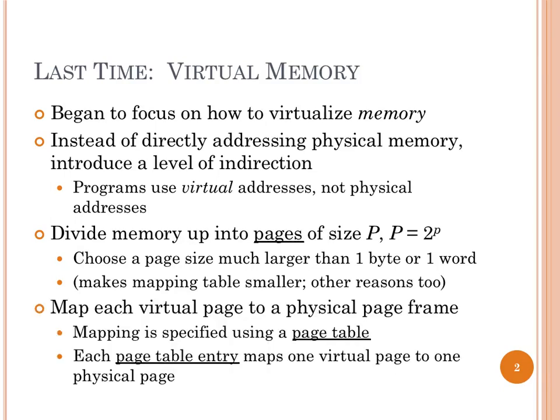And then we're going to map each one of these virtual pages to a physical page. Now, you'll notice that we're introducing new terminology here. We call these physical pages frames because the contents of the physical memory are less relevant, as long as it's the memory data that the program is expecting to be at that location.